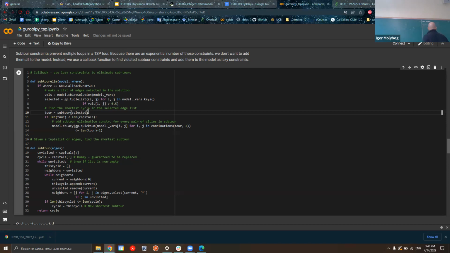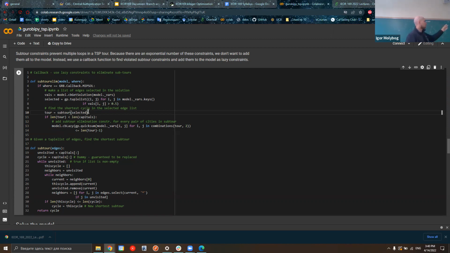Just as a reminder, let's say that you have this graph, and this is when you're solving an LP relaxation. You might end up, instead of having a single tour across the entire graph in the TSP problem, do you remember the TSP problem? Okay. So instead of having a single tour, it might get split into several subtours.